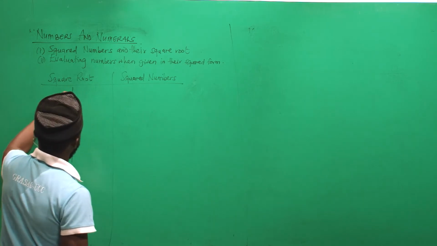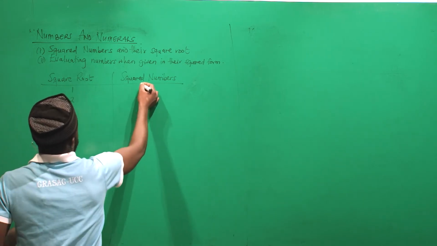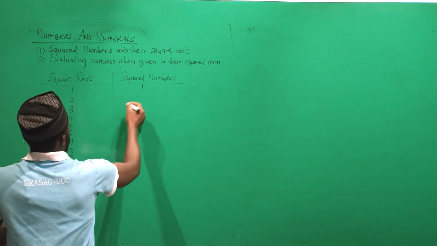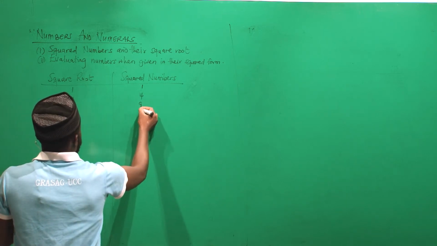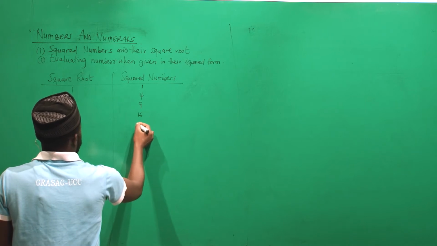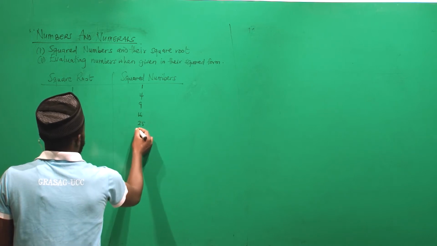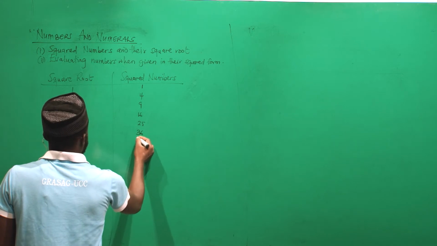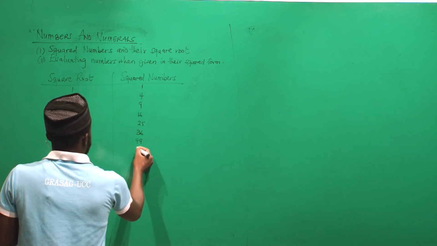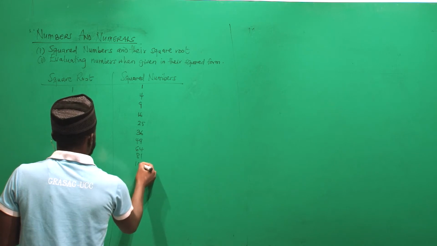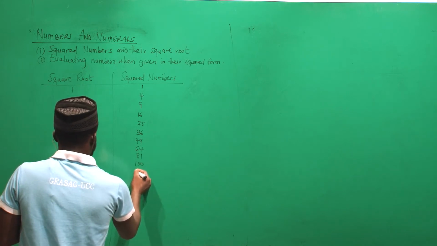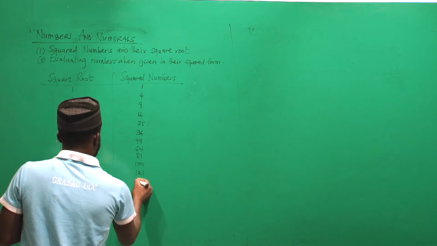So 1 times 1 is 1. 2, 2, 4. 3, 3, 9. 4, 4, 16. 5, 5, 25. 6, 6, 36. 7, 7, 49. 8, 8, 64. 9, 9, 81. 10, 10, 100. 11, 11, 121. 12, 12, 144.